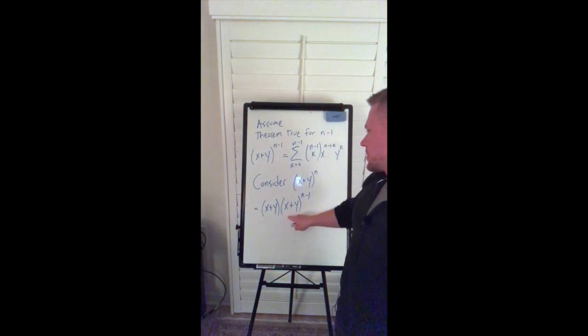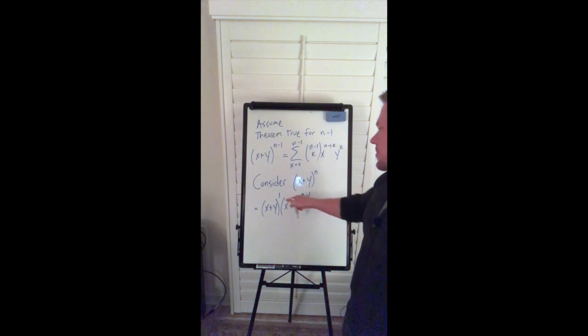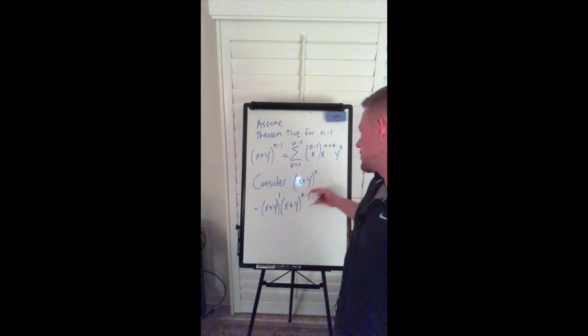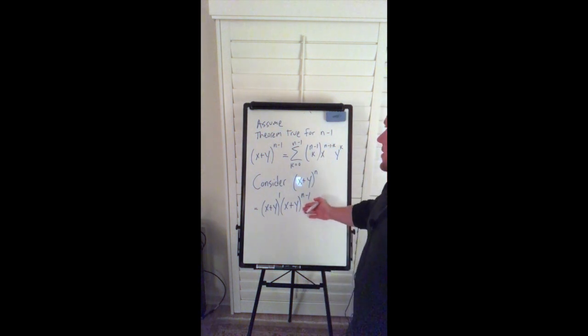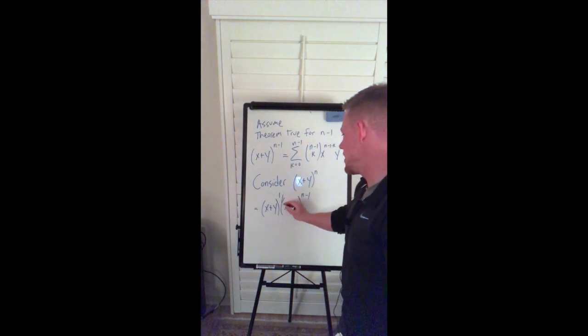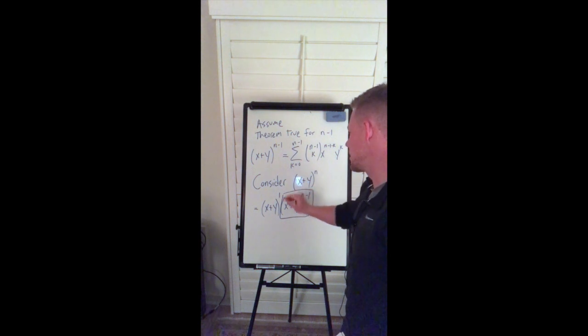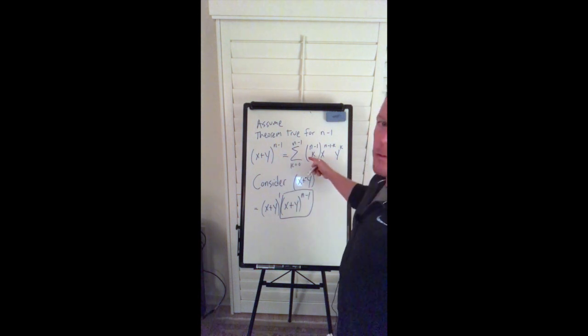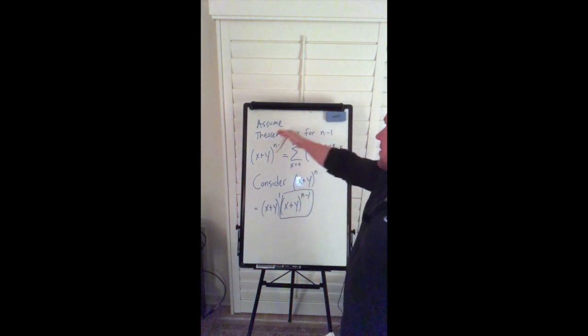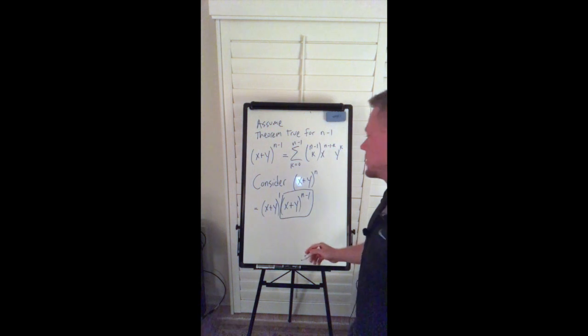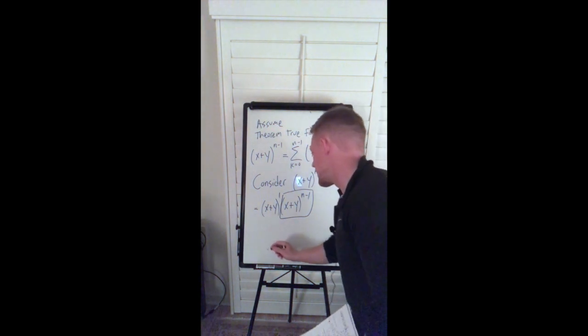Because x plus y to the 1 times x plus y to the n minus 1, you add exponents when you're multiplying, and we'll get x plus y to the n. Well, we've assumed something about this right here. We've assumed that's equal to this summation, which is the binomial theorem piece. So we're gonna go ahead and plug that in.